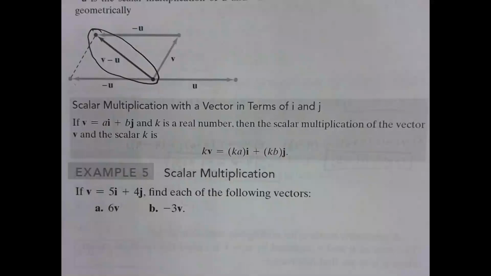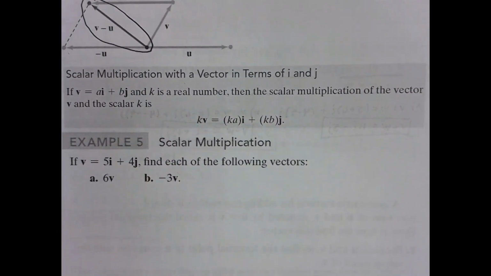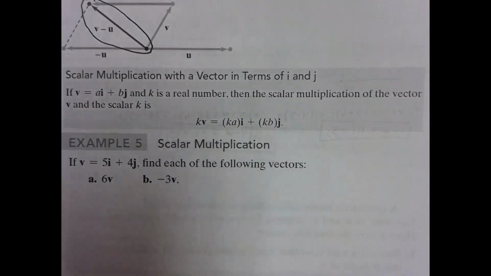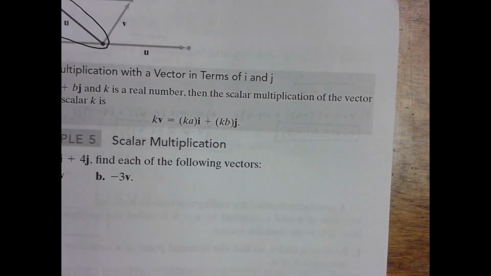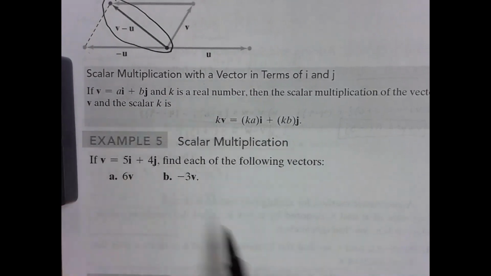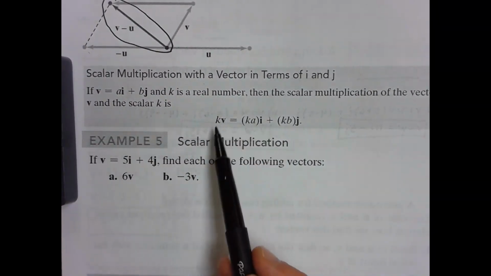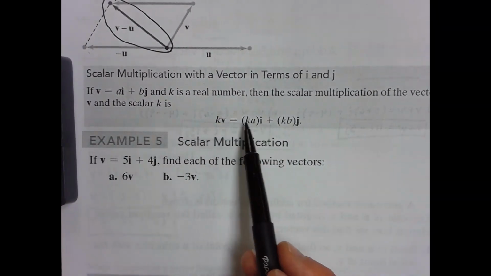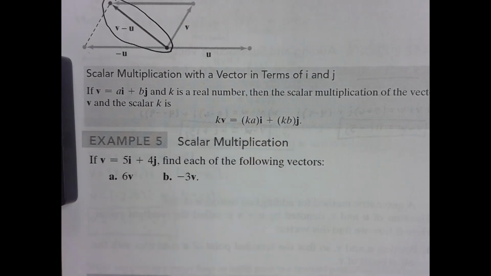So the last thing that I'm going to share with you all is scalar multiplication. So if we take our vector and multiply it by a value, how that works out, once again, to me, it is exactly what we would expect it to be. So if I have vector v and I need to multiply it by k, we multiply each component of the vector by k. So if you want to write this down, feel free.